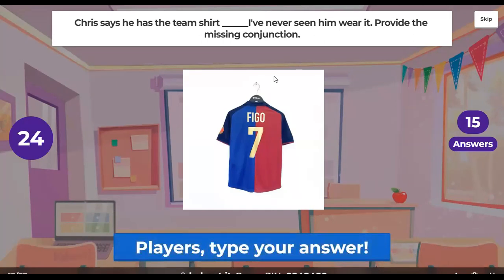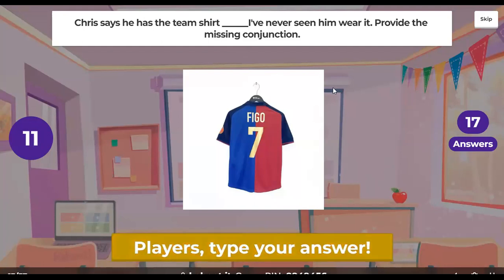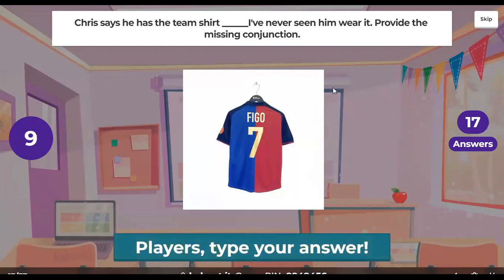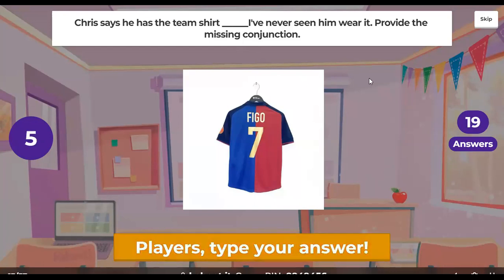First of all, we need to understand the sentence, and then you think of the words. This is very easy, guys. Very good, Hanin.